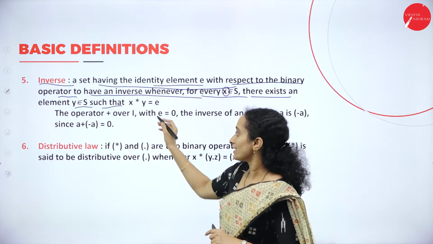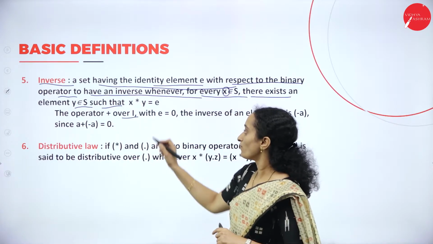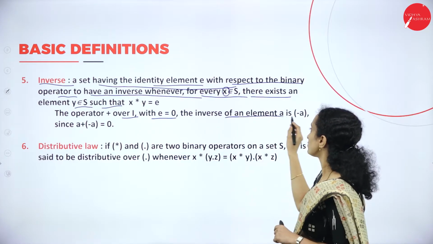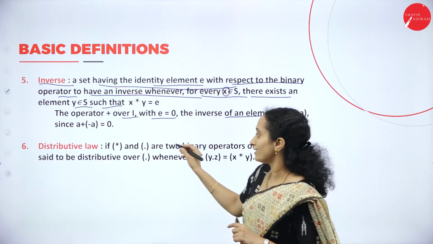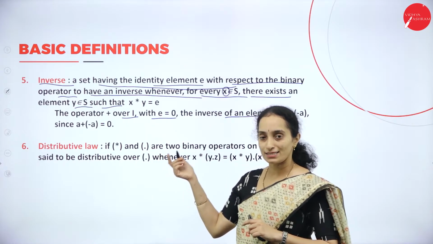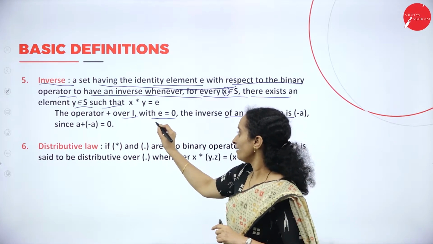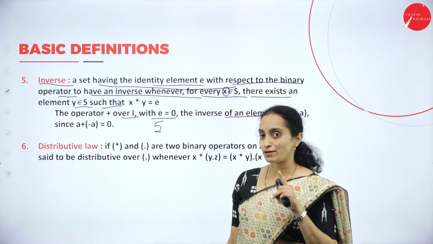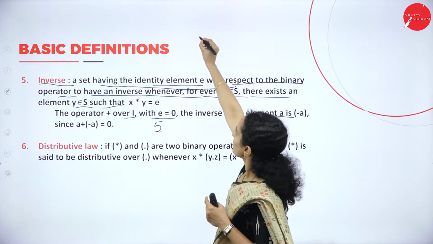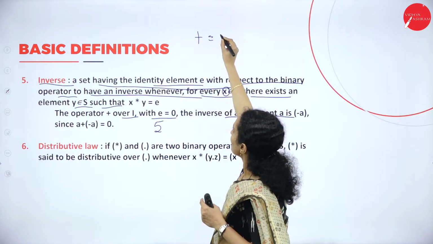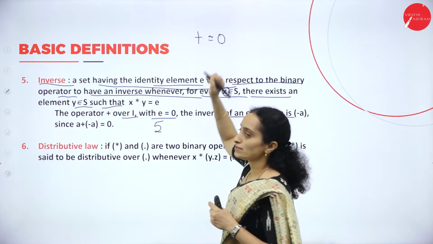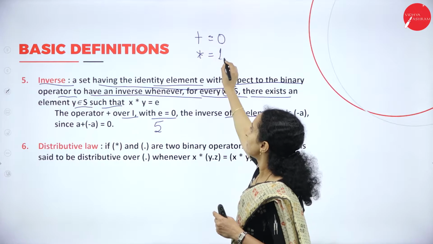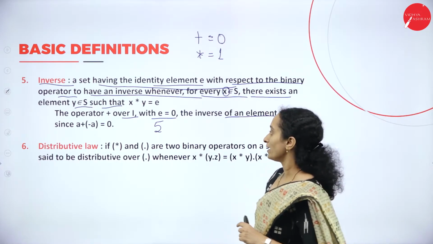So for the plus operator over I with E equal to 0, the inverse of an element A is minus A here, since A plus minus A will be equal to 0. Plus operator has the identity element 0 and multiplication has the identity element 1.